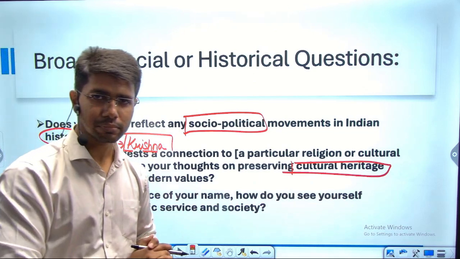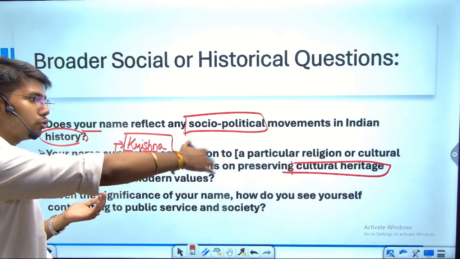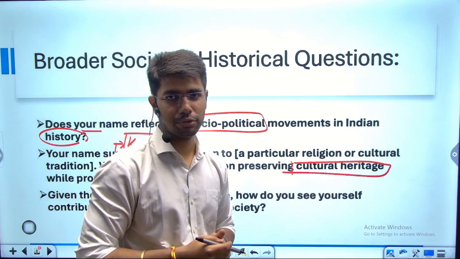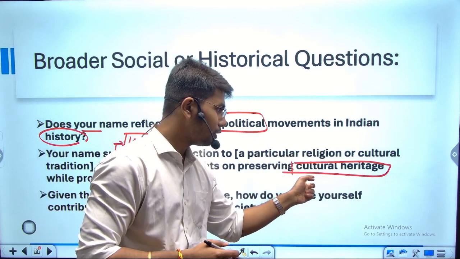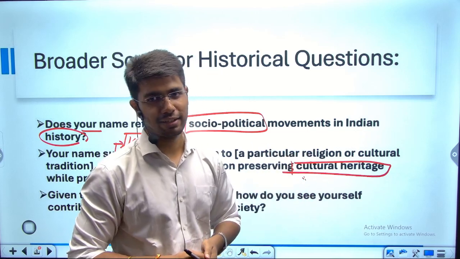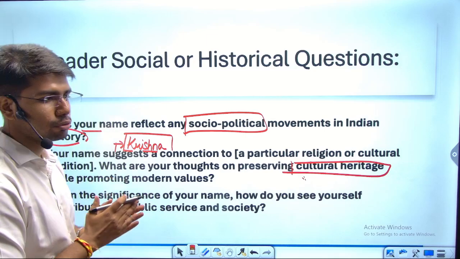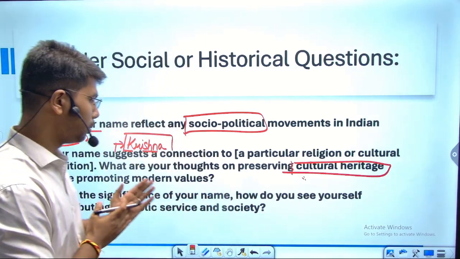Then how will you preserve the cultural heritage of your community? The question is, first you have to decode the question, then you have to analyze the question and answer it. So questions are very analytical. These kinds of questions have been asked to successful candidates from SPM. That is why I'm letting you know about it.